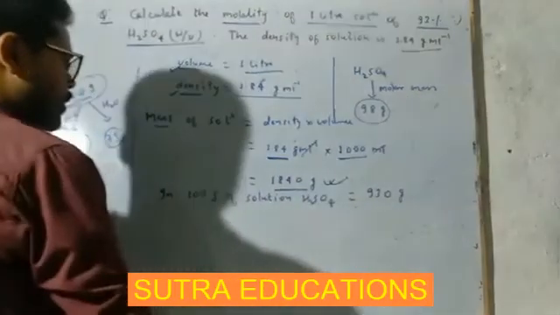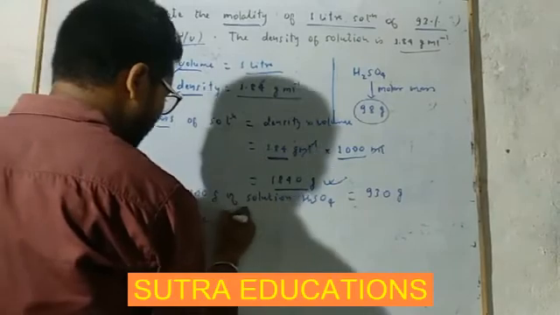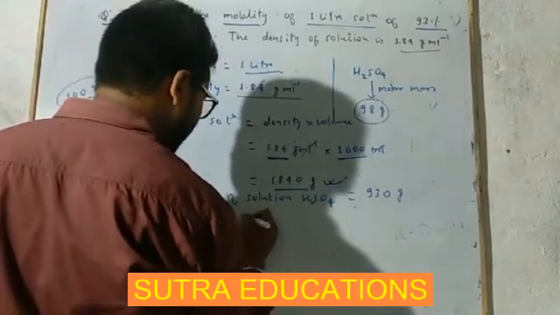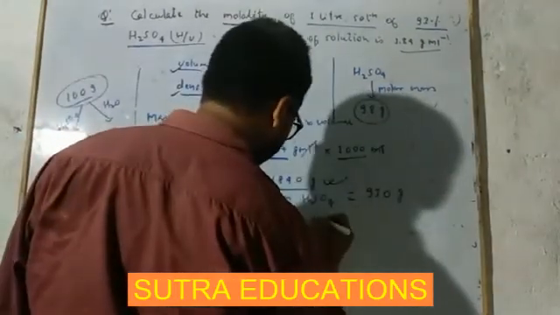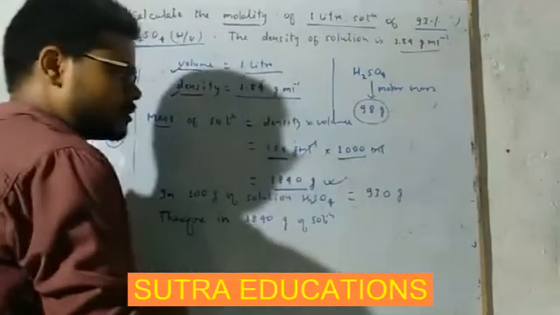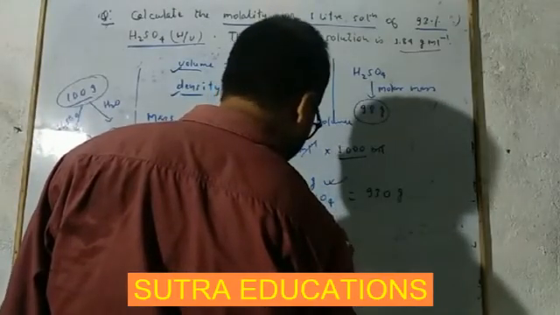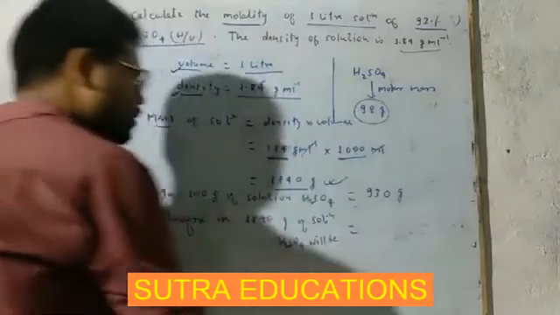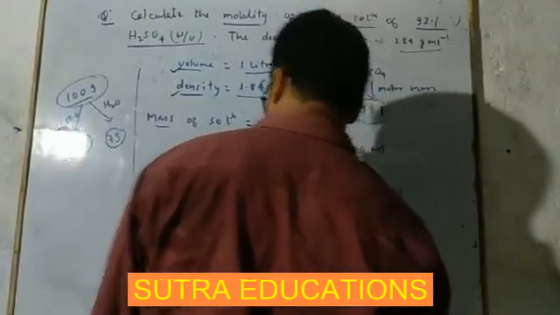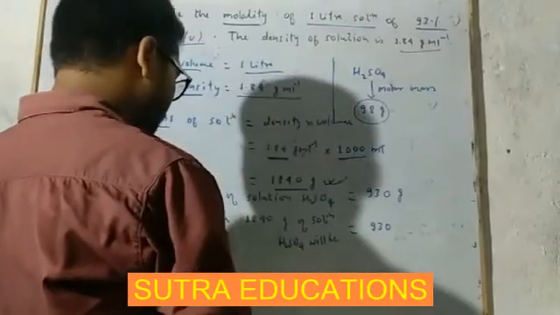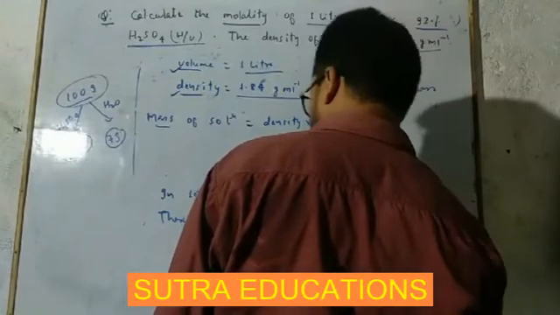So from here we can say, therefore, in 1840 gram of solution H2SO4 will be equal to 93 upon 100 multiplied by 1840.